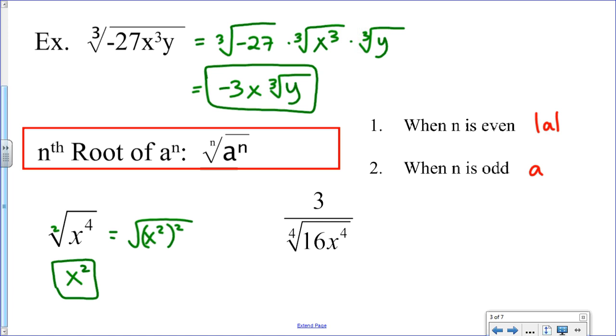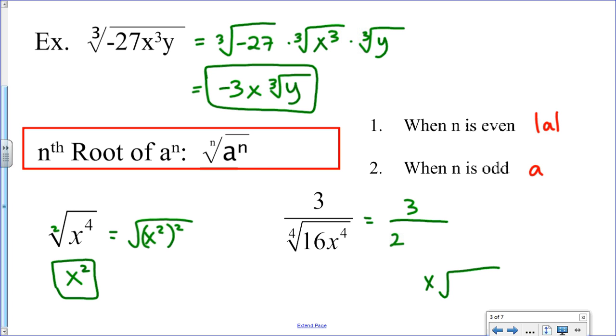Okay. We're not going to rationalize denominators today. We will do that tomorrow. But I can simplify this denominator. Okay. So what is the 4th root of 16? It's 2. So in your graphing calculators under math, there's this button with the x here for the root.